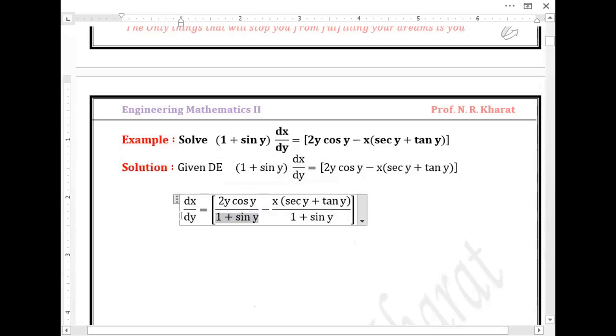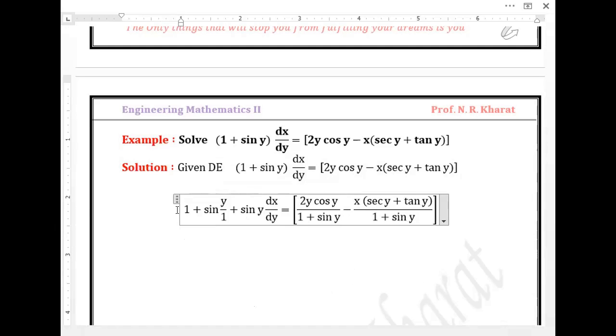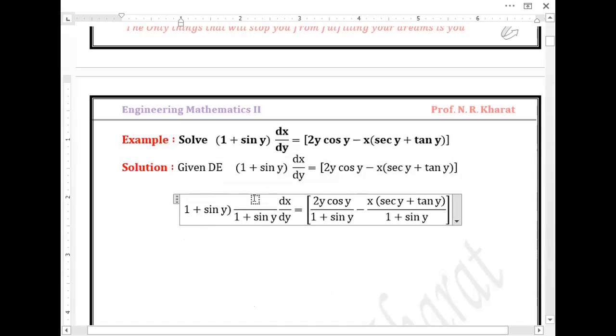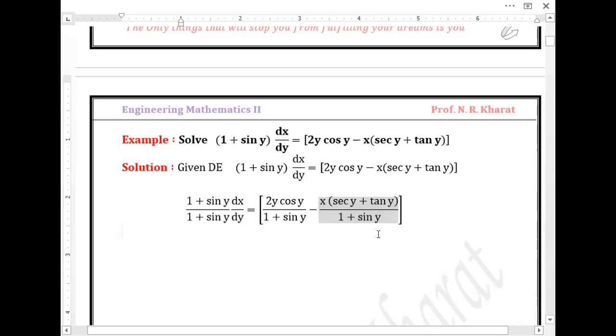Dividing with 1 + sin y, it becomes 1. Again 2y cos y over 1 + sin y, then in the next term, x into sec y + tan y.